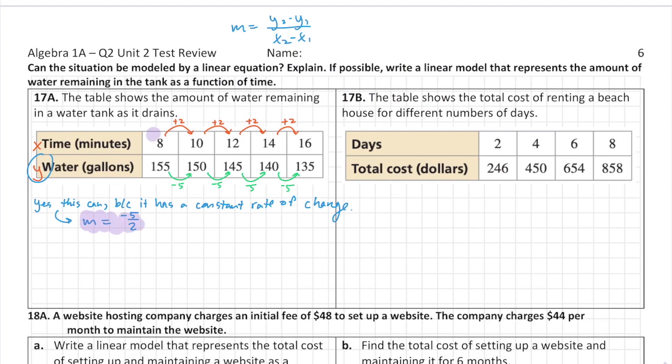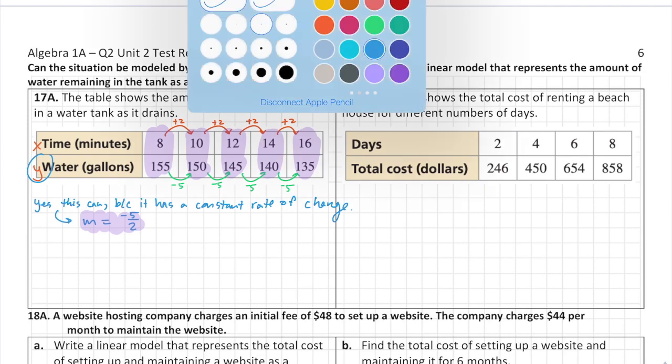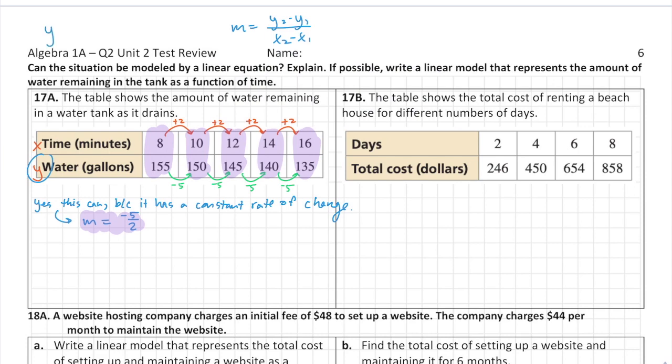And I know a point. Actually, I know 1, 2, 3, 4, and 5 different points, and I can pick any one of them. Let me pick 8 comma 155 and plug that into my point-slope form. A reminder, that would be y minus y1 is equal to m times x minus x1.